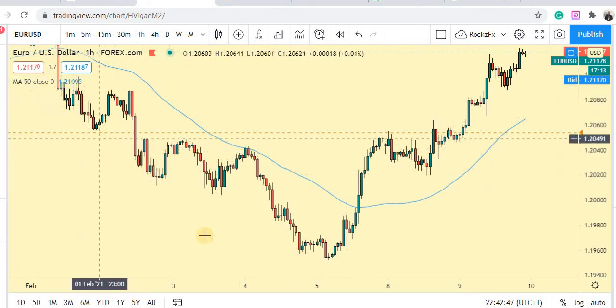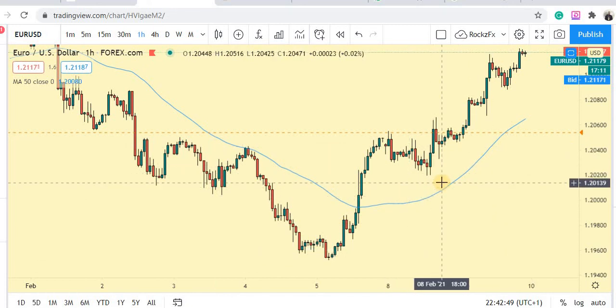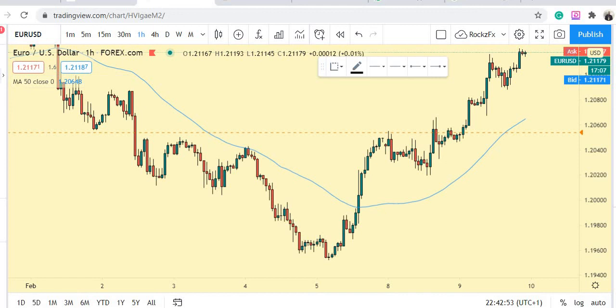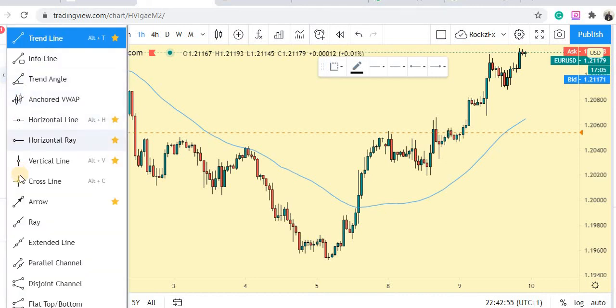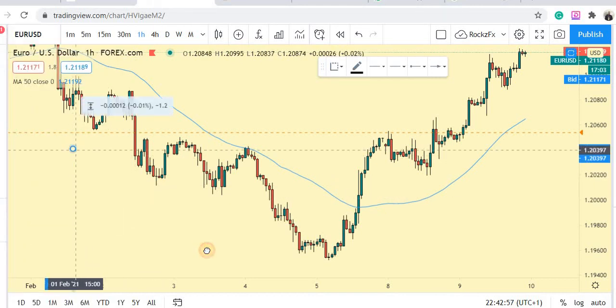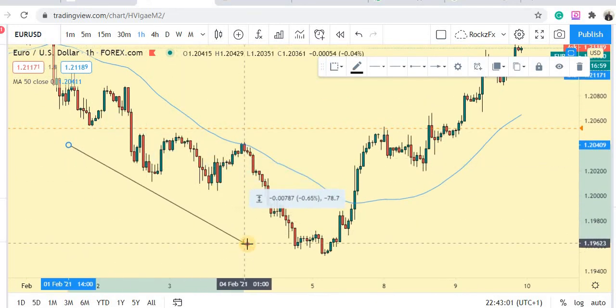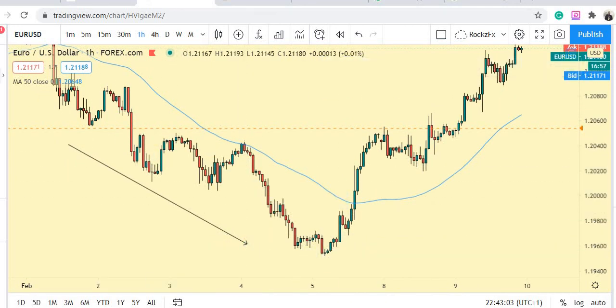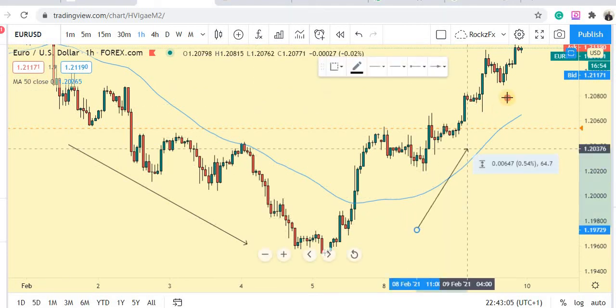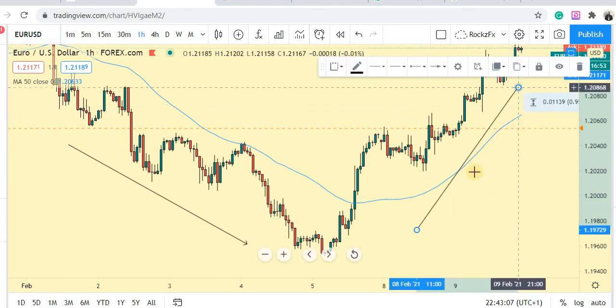So you can see that this is a downtrend, and this, of course, you know, is a downtrend. Sorry, it's a downtrend, and this here price is in an uptrend.